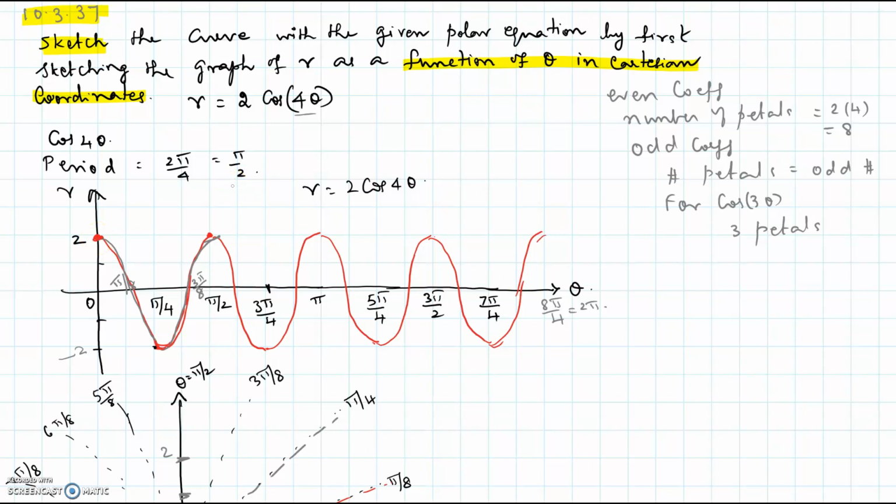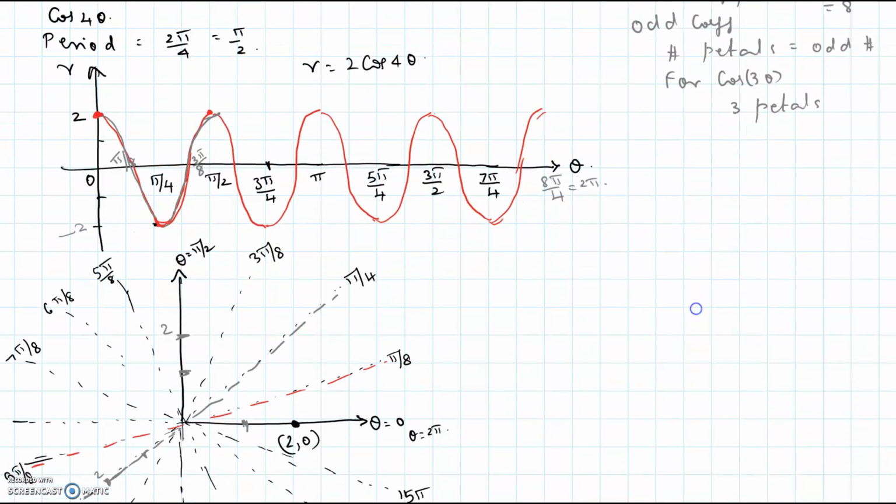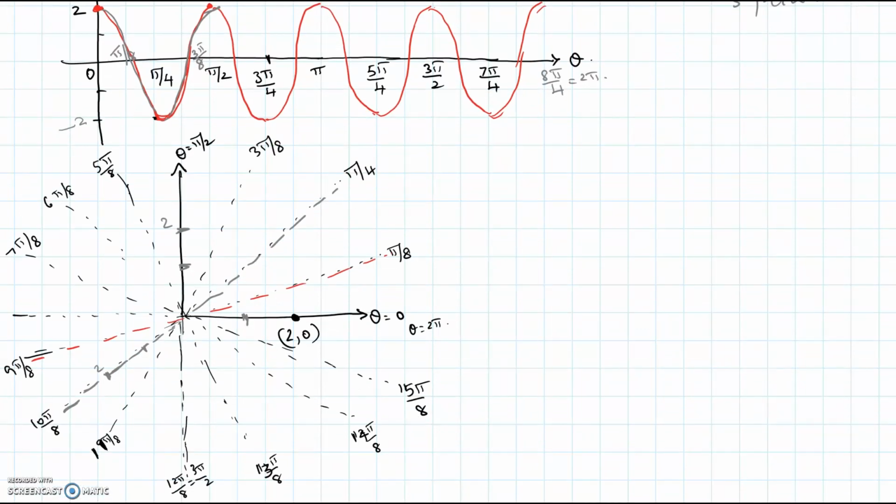Now we are going to convert this Cartesian graph to a polar graph. Between 0 and pi by 2 there is one cosine cycle, so it's possible to divide 0 to pi by 2 into 0, pi by 8, pi by 4, 3 pi by 8 and pi by 2.